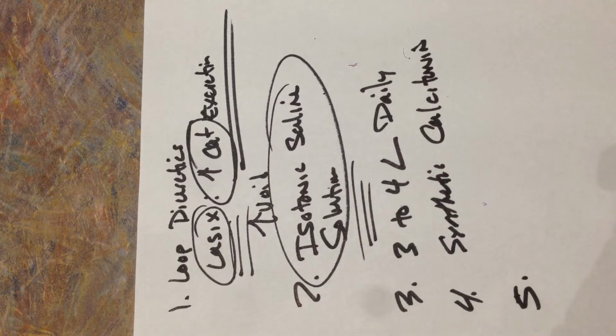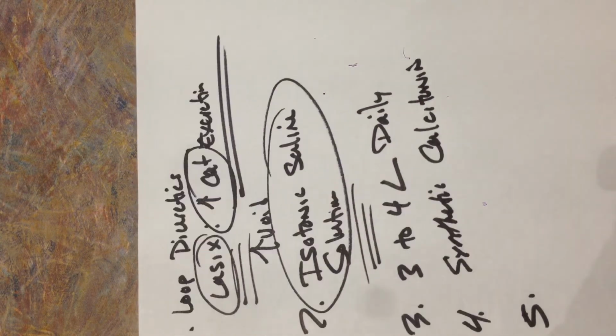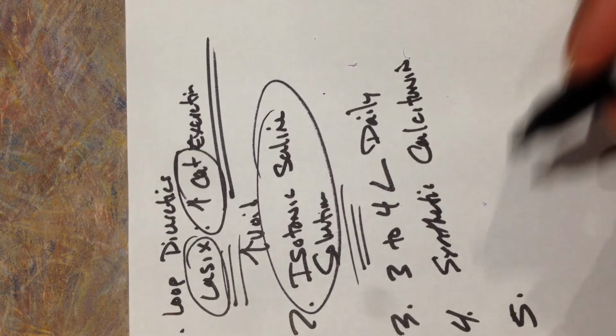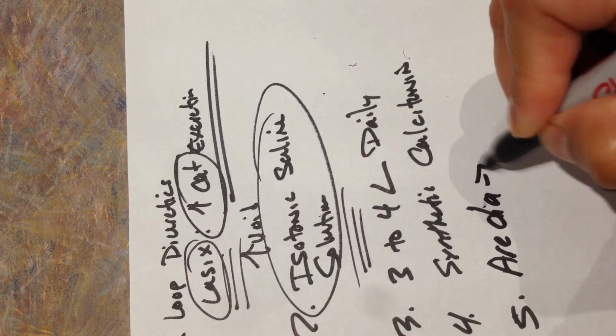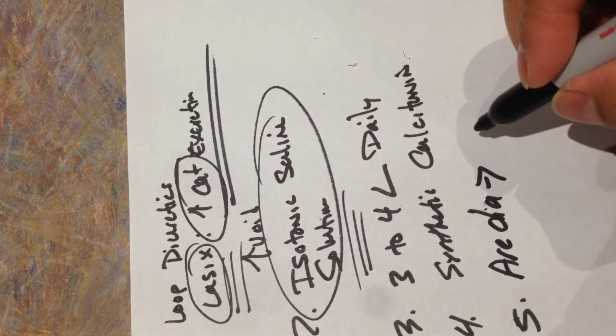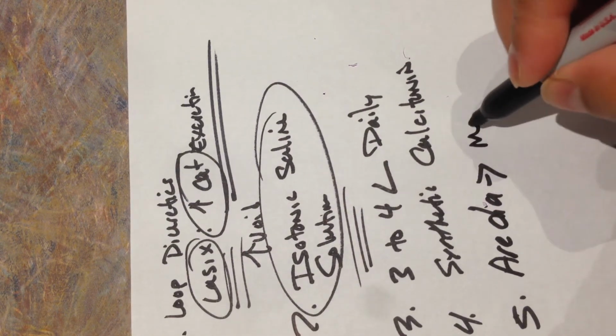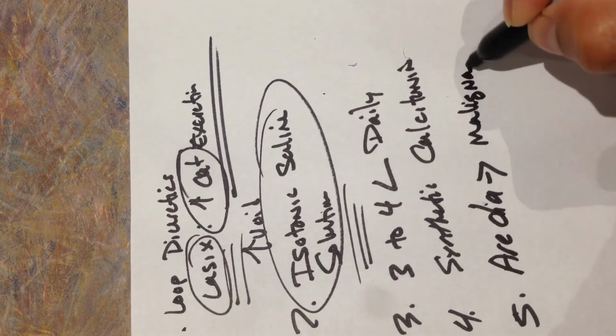If the hypercalcemia is occurring due to some type of malignancy, well, the preferred medication for that scenario would be something like Aredia. Now, this is for hypercalcemia caused by a malignancy.